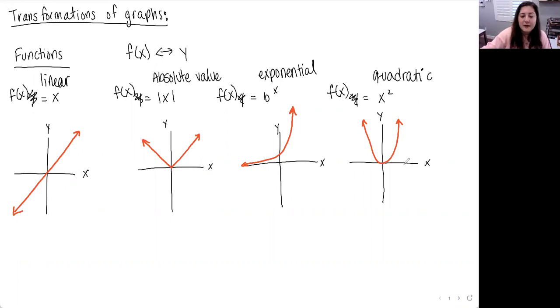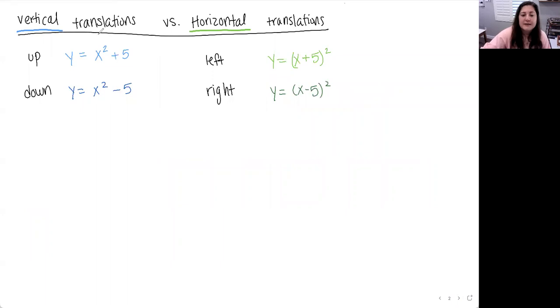Now I'm going to use different graphs during the course of the video to explain different types of transformations. So the very first thing that I want to mention is all of my vertical translations and transformations are going to be in blue and all of my horizontal ones are going to be in green.